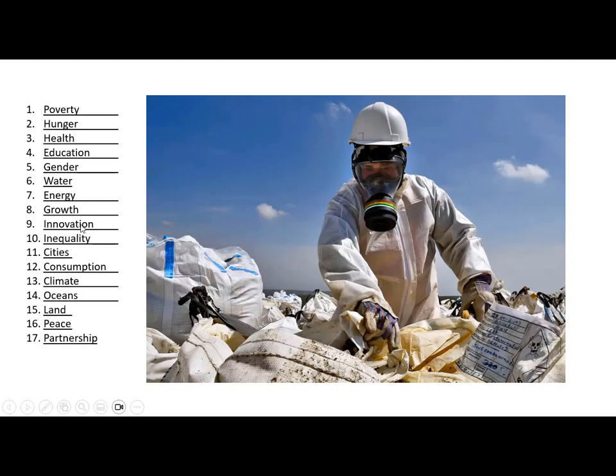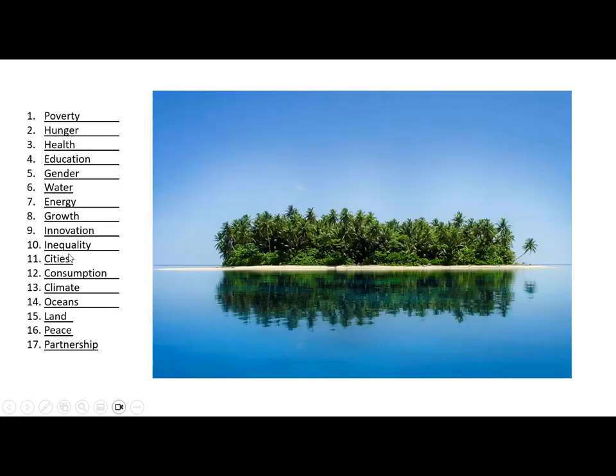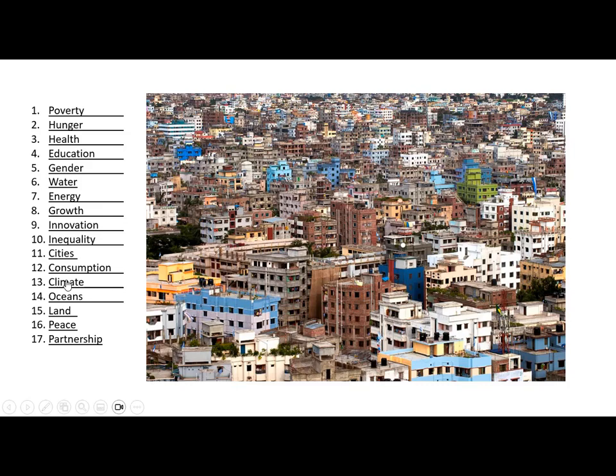And they are working in a lab for innovation, and this is how they get rid of waste. Therefore this goes for responsible consumption and production. And this is about climate change.